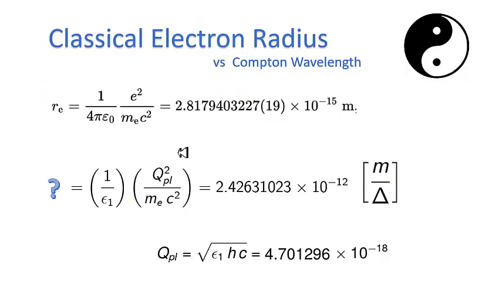So Planck charge is obviously related to the Compton wavelength, because when you plug Planck charge into this equation, you get exactly the Compton wavelength. I found that quite interesting. I think this is an important piece of the puzzle. And of course, the Compton wavelength is the circumference of my electron particle that I have previously defined.